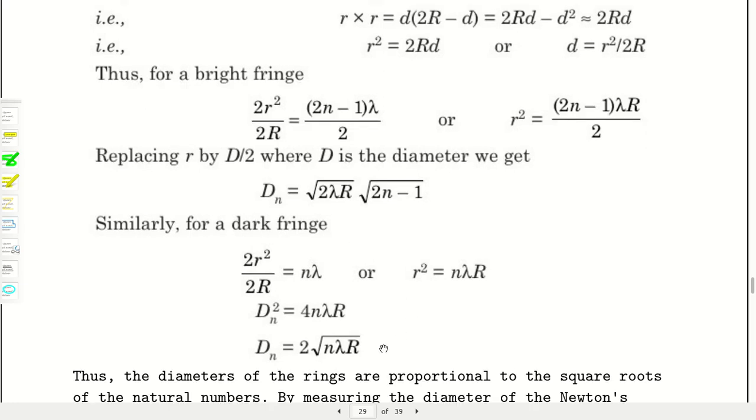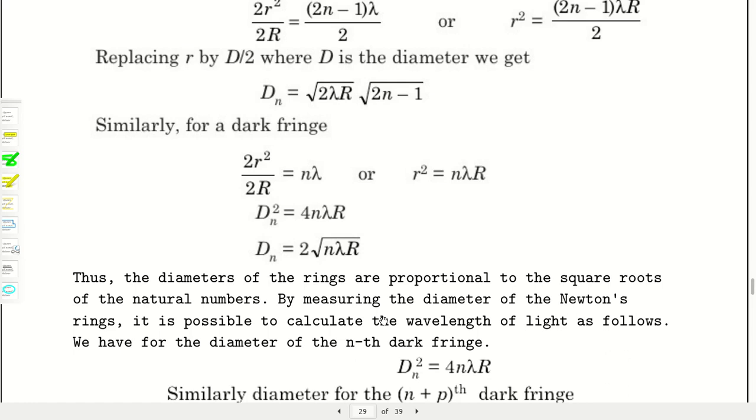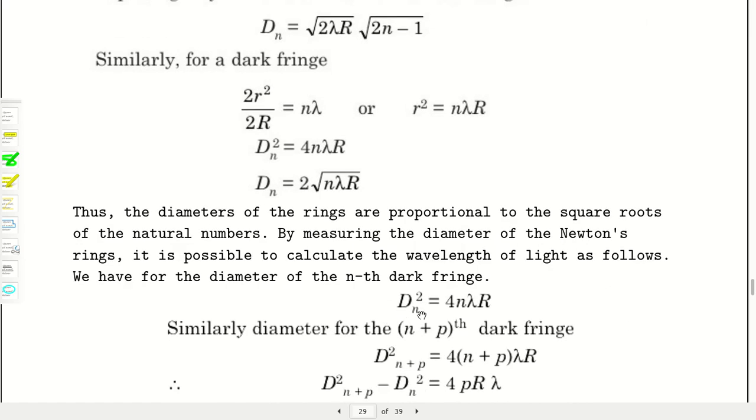For the nth dark fringe, the formula will be Dn is equal to 2 into root under n lambda R. Whatever you want you can use. Now what is Dn square? Using the nth dark circle, because the formula is simpler, Dn square is equal to 4n lambda R.